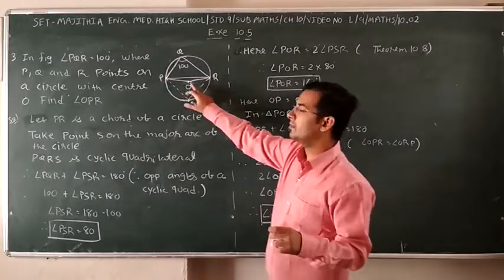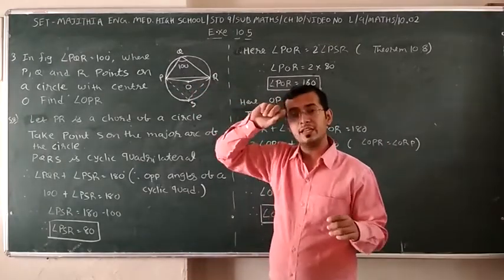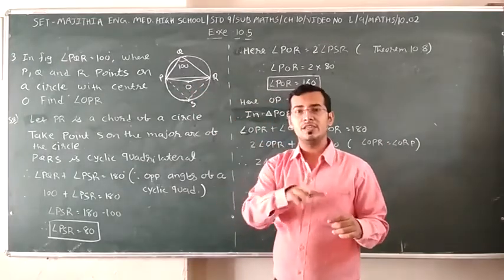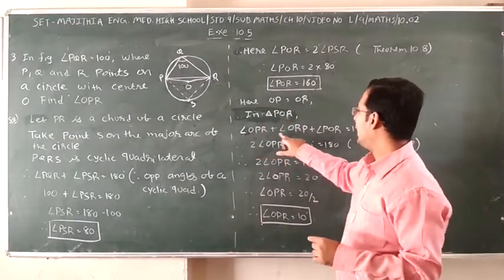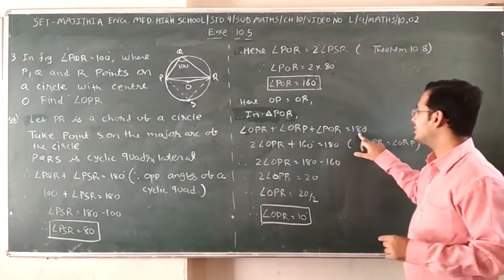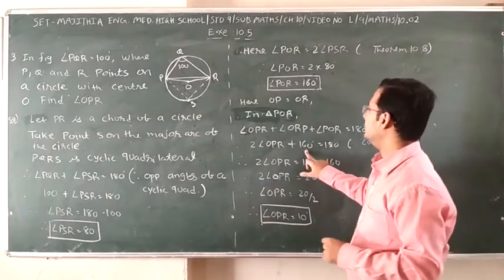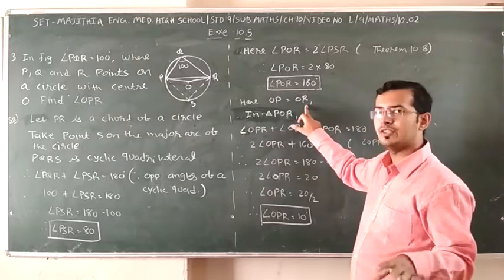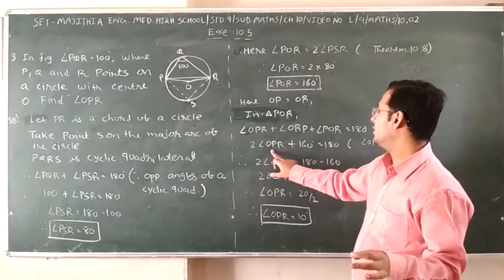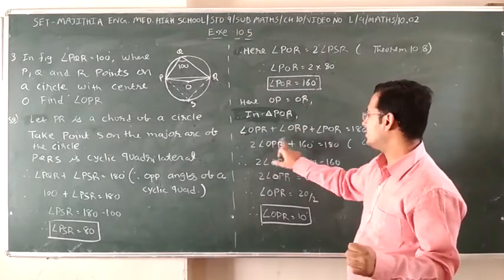Using the triangle angle sum, in triangle POR, angle OPR plus ORP plus POR is equal to 180. POR is 160, and both other angles are equal because the radii are equal.